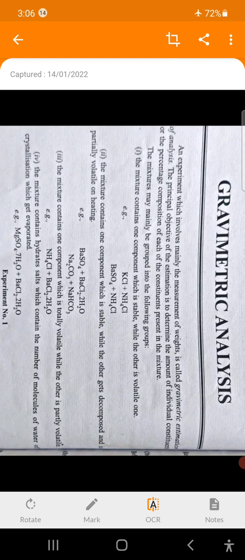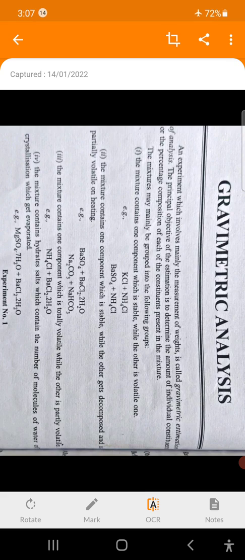Then what is your aim in this experiment? Your aim is to determine how much quantity of BaSO4 and how much quantity of NH4Cl is present in your supplied mixture.